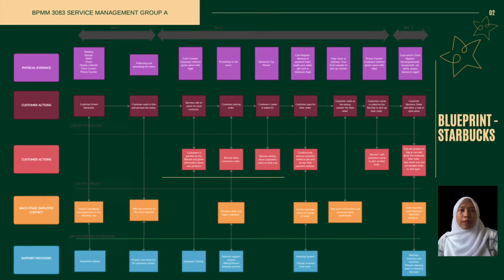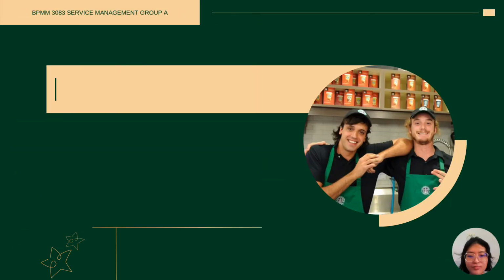Promoting on the menu, Starbucks card marker, and first register method of payment, for example, cash, credit card, debit, gift card, or the Starbucks app. Clearance or walkway from front counter to pickup counter. Pickup counter employee uniform that is a green apron with logo. And lastly, food or drink napkin accompaniments like cream, stirrer, straw, sleeve, and sugars. Thank you.